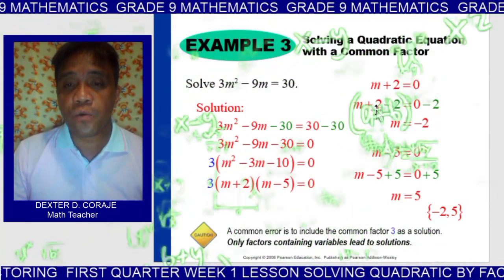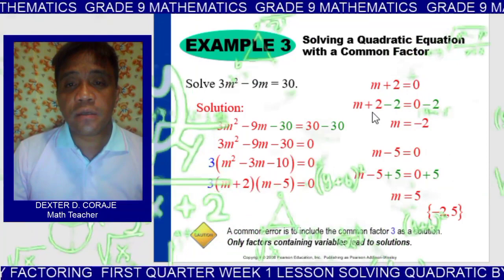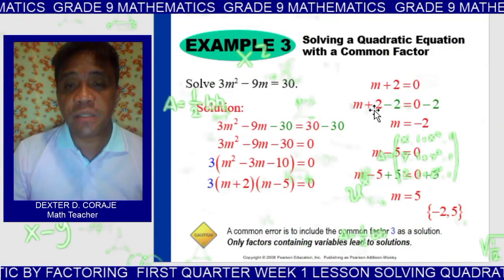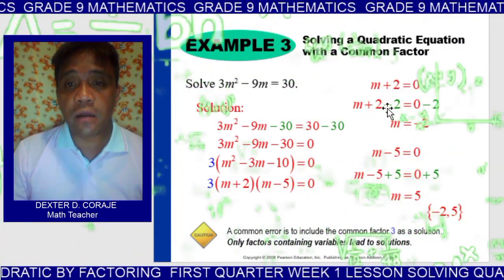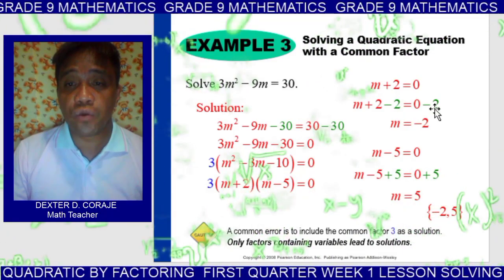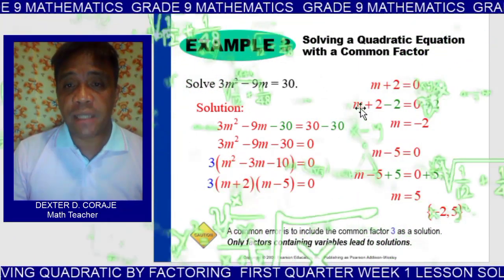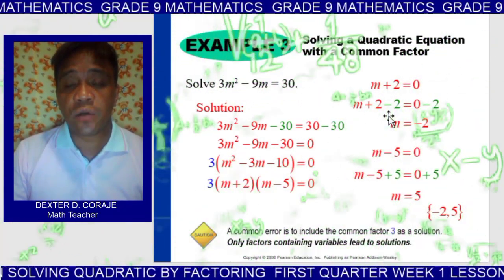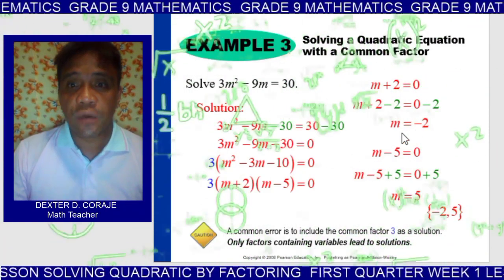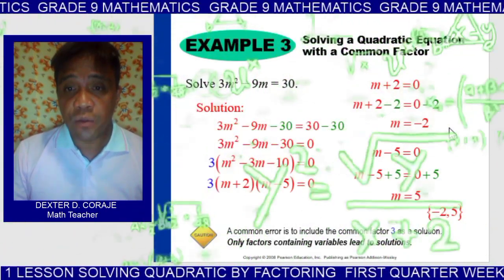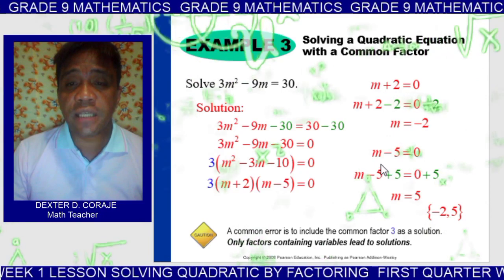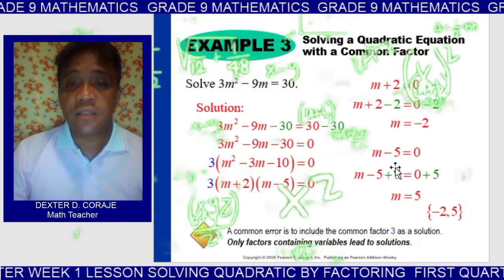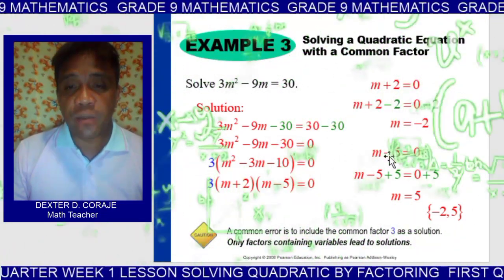Then we're going to work it out so that the plus 2 here becomes 0. So we are going to add negative 2 to both sides. So we have now m plus 2 minus 2 is equal to 0 minus 2. So we have m is equal to negative 2 now. And the other one is m minus 5 equals 0. So we need to cancel the negative 5 to make it 0.